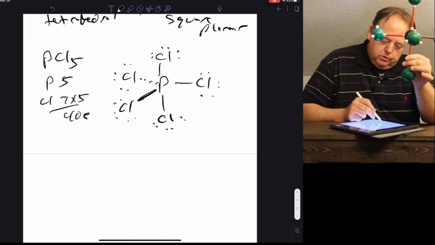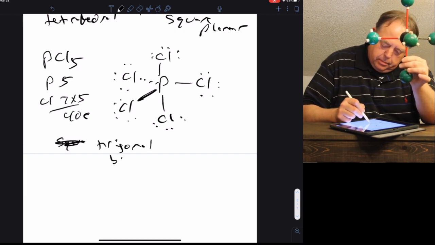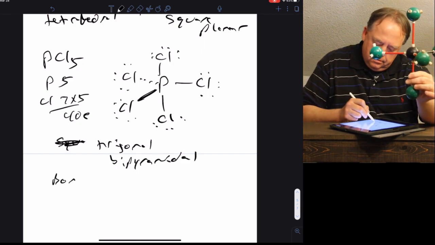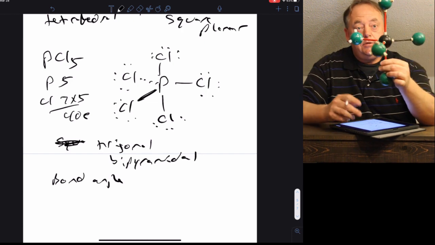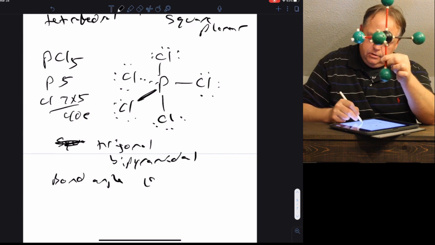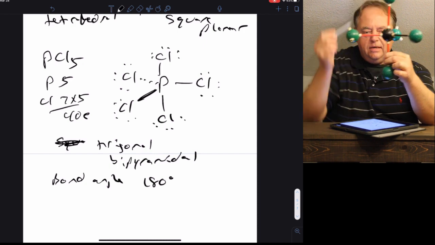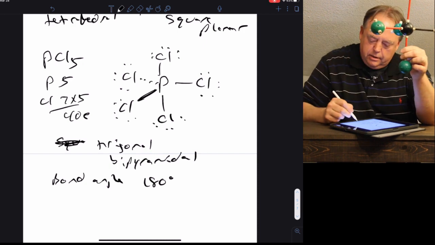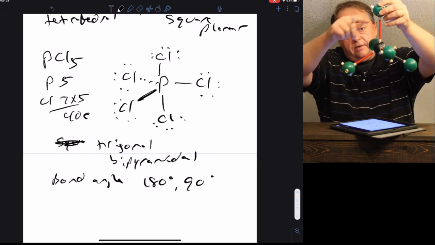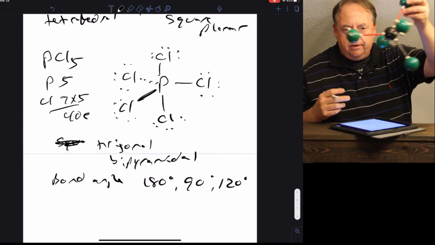And this geometry is called trigonal bipyramidal. And the bond angles: if you notice, there's a bond angle here from chlorine to phosphorus to chlorine that's 180 degrees. Or if you go chlorine to phosphorus to chlorine here, or here, or here, then those bond angles are 90 degrees. Or if you go from this chlorine to phosphorus to chlorine, those will be 120 degrees. So this geometry has 3 different bond angles.